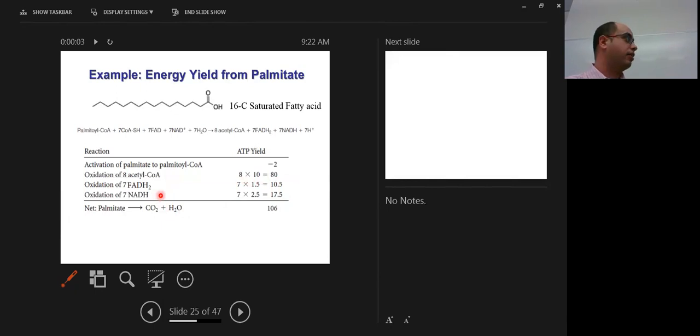From the oxidation that occurs in the third step, we'll produce about 7 NADHs, so you'll get 17.5. The grand total for palmitate going into carbon dioxide and water is 106 ATPs. So you're getting way more ATPs out of the oxidation of one molecule compared to what you'd get out of glucose.